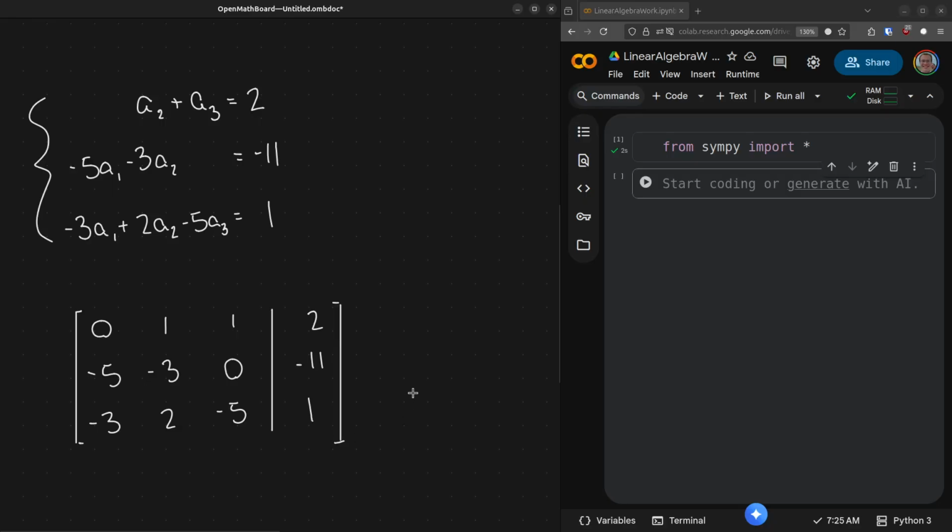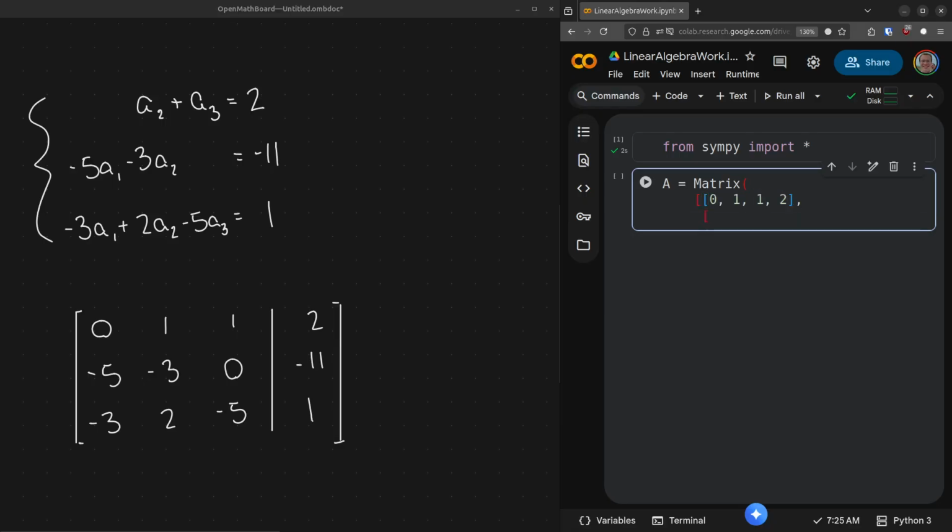So let's get this matrix into reduced row echelon form, and then from there we can figure out the solution to the system of equations and my coefficients A1, A2, A3. So row 1 is 0, 1, 1, 2. Row 2 is negative 5, negative 3, 0, negative 11. Row 3, negative 3, 2, negative 5, 1.